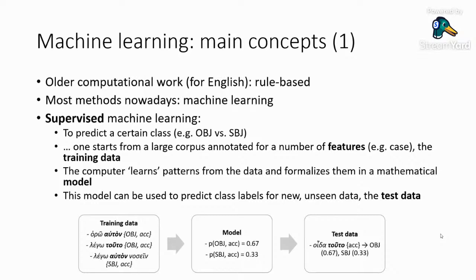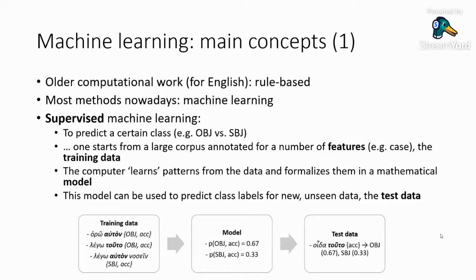So it looks at a lot of data. It looks at interesting information about this data, the so-called features. It learns patterns from this data and formalizes them in a mathematical model, and then uses this mathematical model to predict labels for new unseen data.